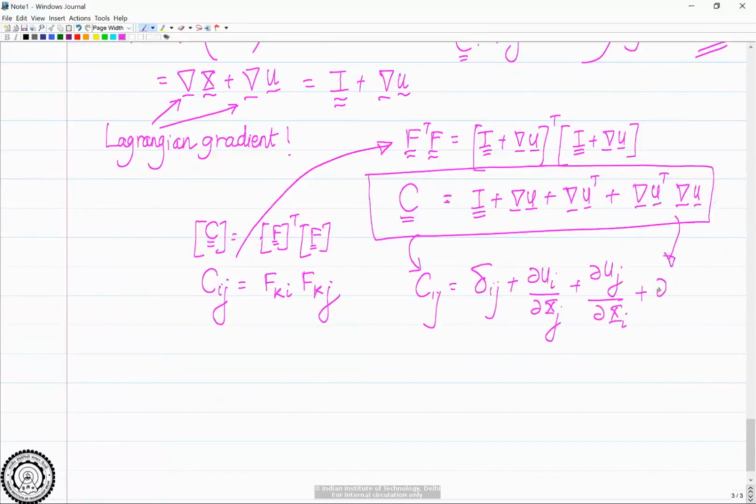This is del uk over del capital Xi into del uk over del capital Xj. Because you see the first one is transpose, therefore it becomes del uk by del Xi instead of del ui over del Xk. Are you guys following?